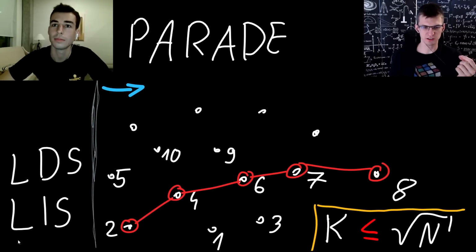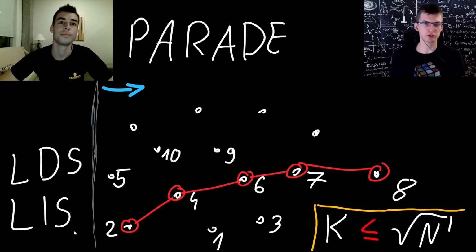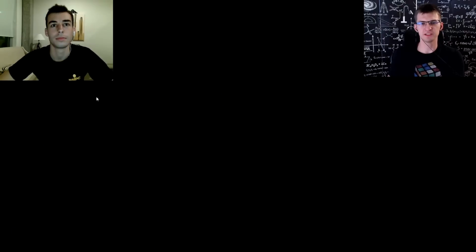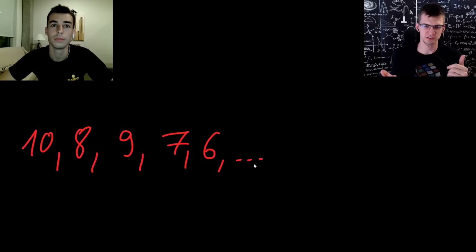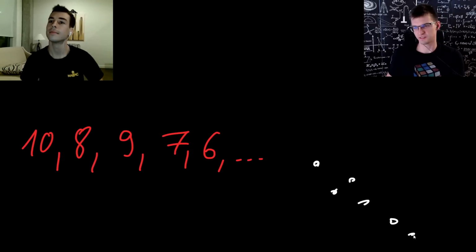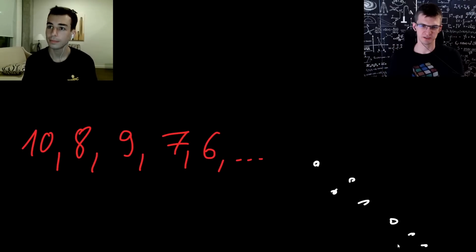It is possible that the longest increasing subsequence is short, in particular if the sequence is just decreasing or almost decreasing, like 10, 8, 9, 7, 6. The longest increasing subsequence will be very short. But this corresponds to this drawing, and there is a long decreasing subsequence.